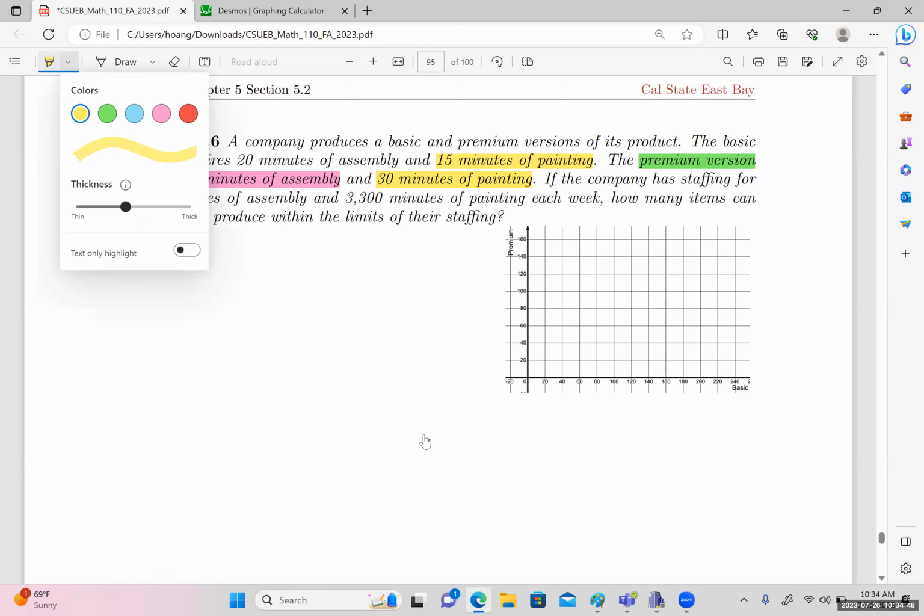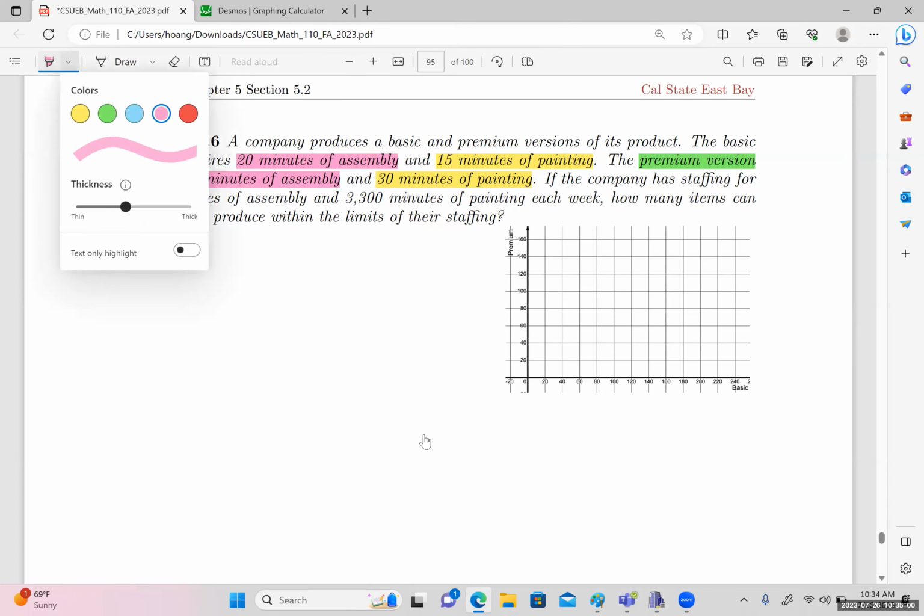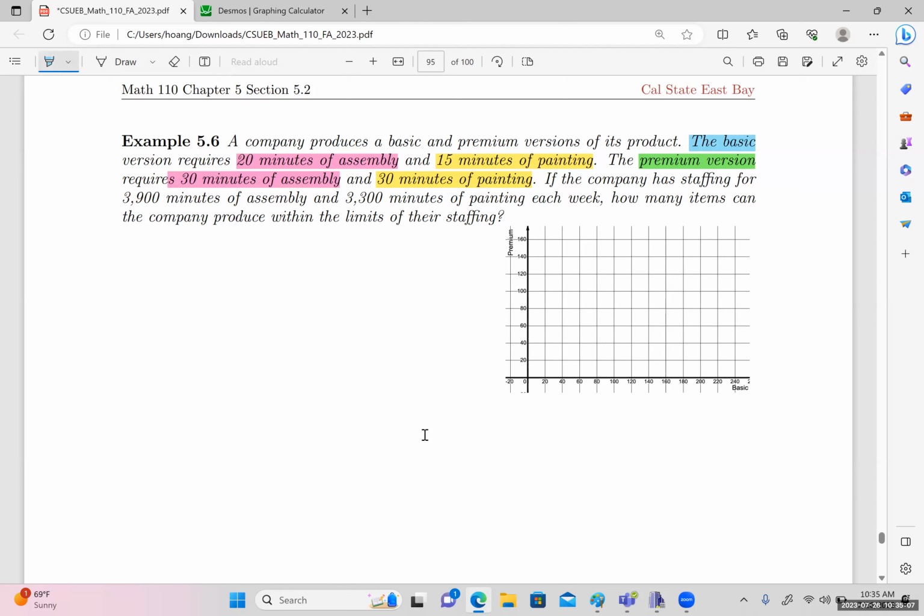Okay. The basic requires 20 minutes of assembly and 50 minutes of painting. Premium requires 30 minutes of assembly and 30 minutes of painting.